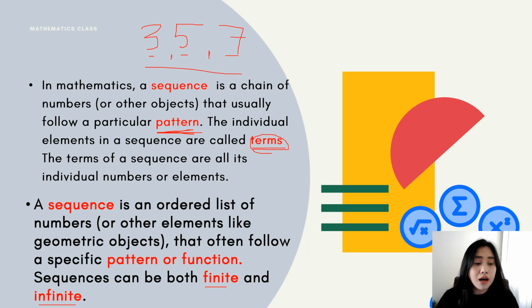Ito ay isang halimbawa ng finite sequence. Infinite kung ito ay magpapatuloy at walang katapusan. Isang maaaring paraan ng pagsusulat ng infinite sequence ay pagdadagdag ng 3 dot na tinatawag nating ellipsis. Meaning, ito ay hindi matatapos o ito ay magiging continuous.